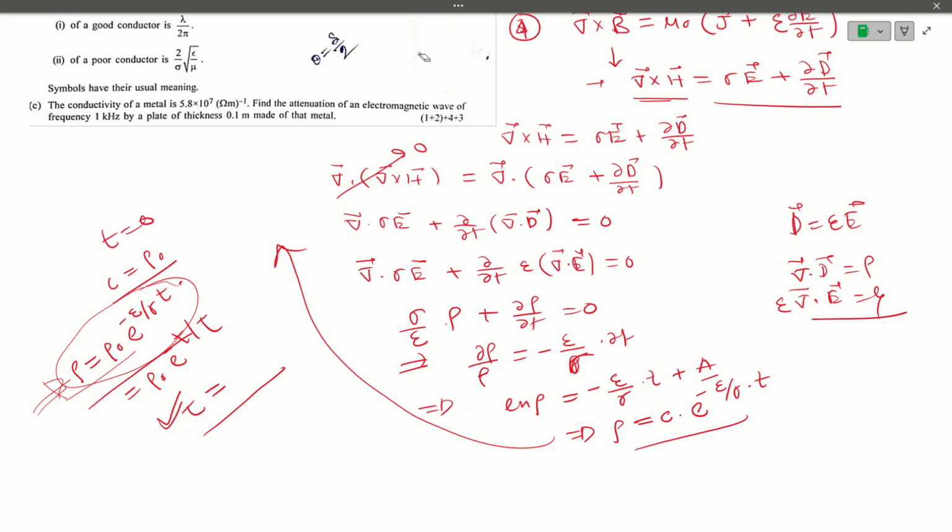Tau will be epsilon by sigma, so epsilon by sigma is called the relaxation time. That is, the free charges decay exponentially with a time constant called tau, that is epsilon by sigma, placed in a medium of conductivity sigma as well as permittivity epsilon.